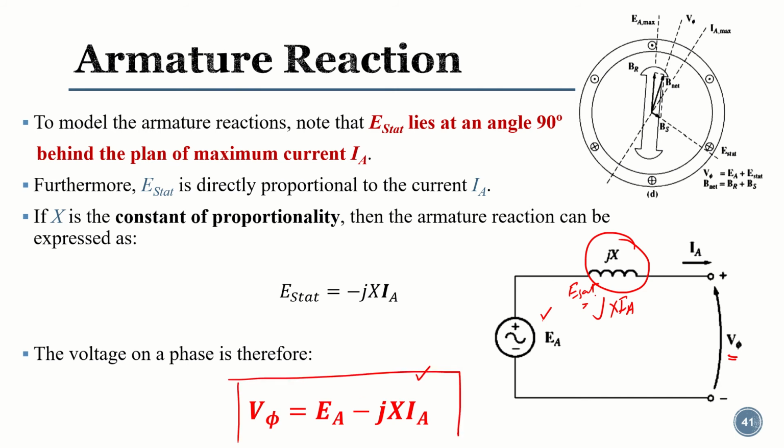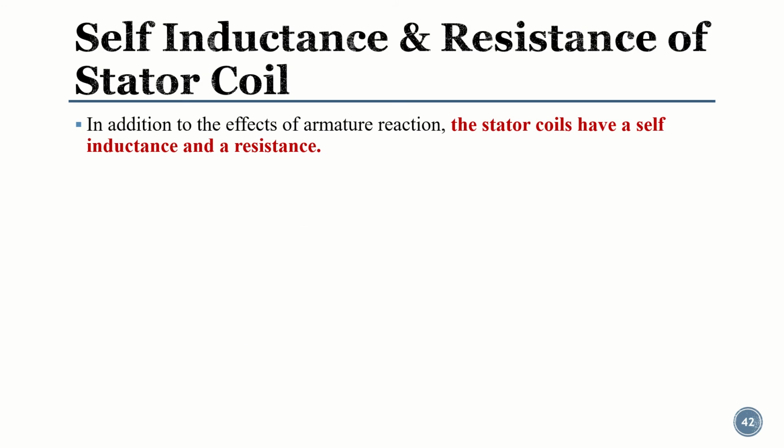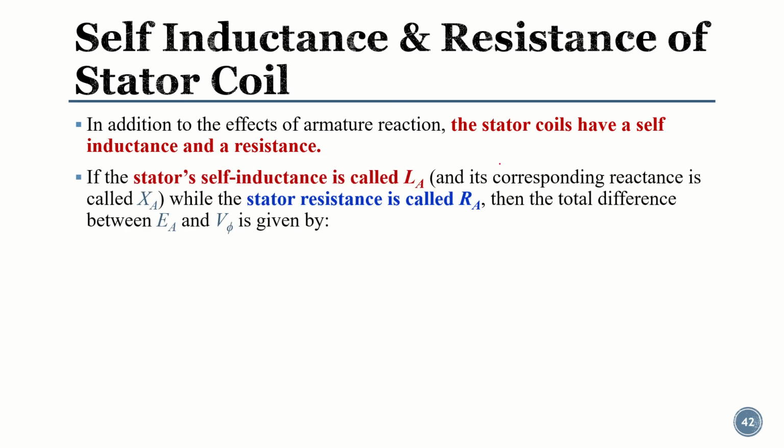But inside the stator or armature we have the coil. That coil will have its own internal resistance and reactance, which we call the stator or armature reactance and armature resistance. So there will be some drop across them also. So what is our original formula?